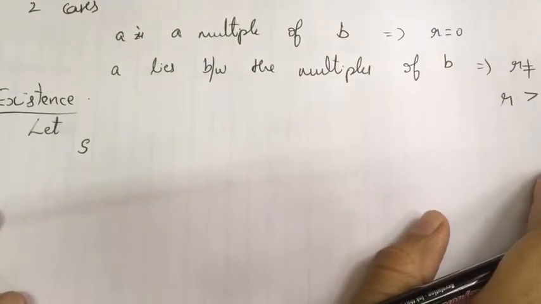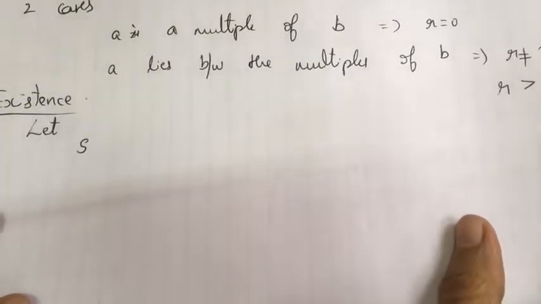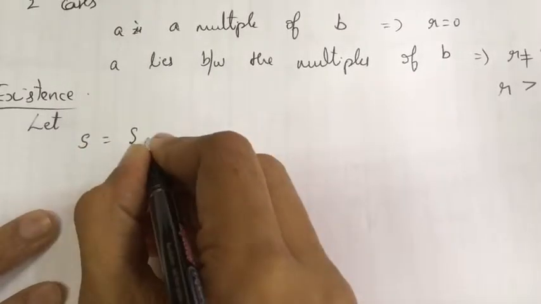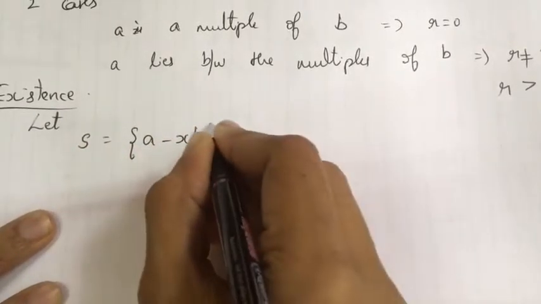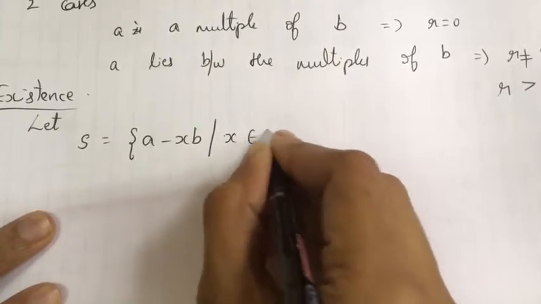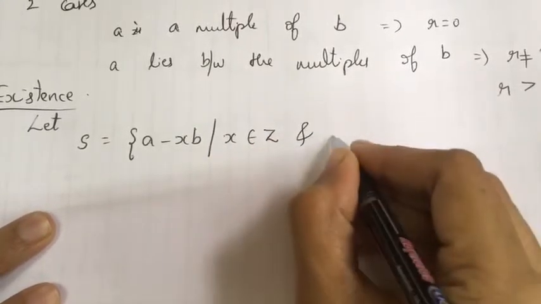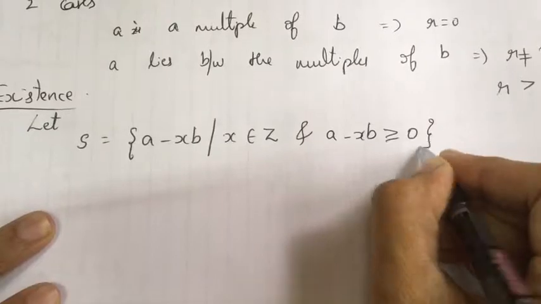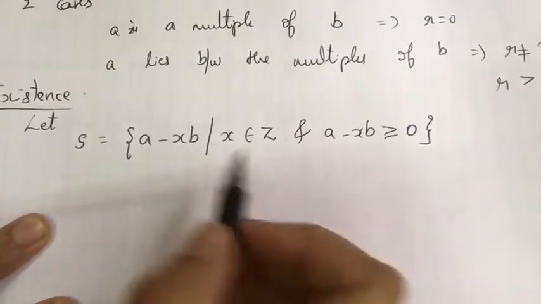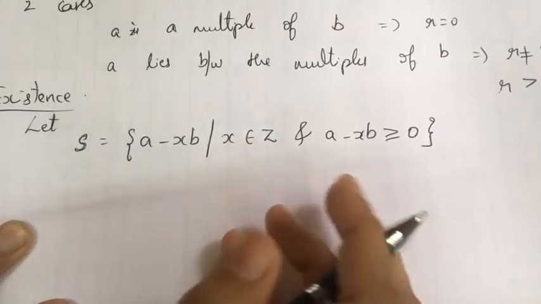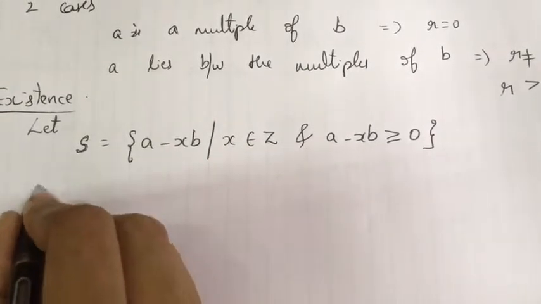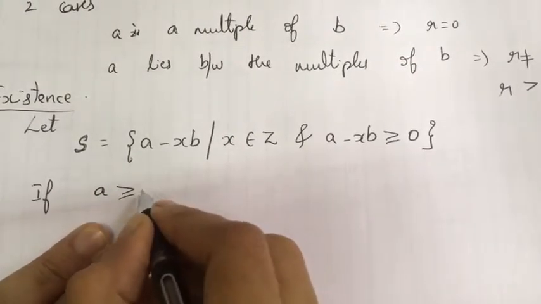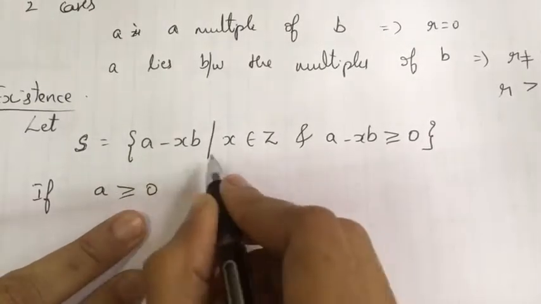Let S be the set of all integers of the form a minus xb such that x belongs to the set of integers and a minus xb is greater than or equal to 0. To show this S is non-empty, suppose a is greater than or equal to 0, then what happens to this?